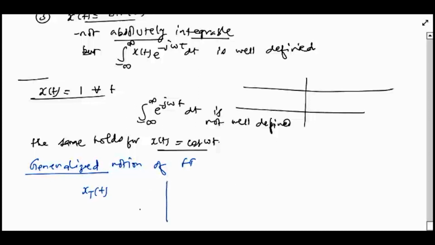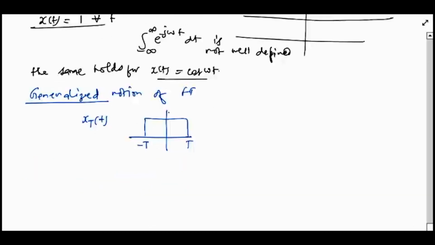It is 1 from minus T to T and 0 everywhere else. Recall that its Fourier transform is 2T sinc(T omega by pi).